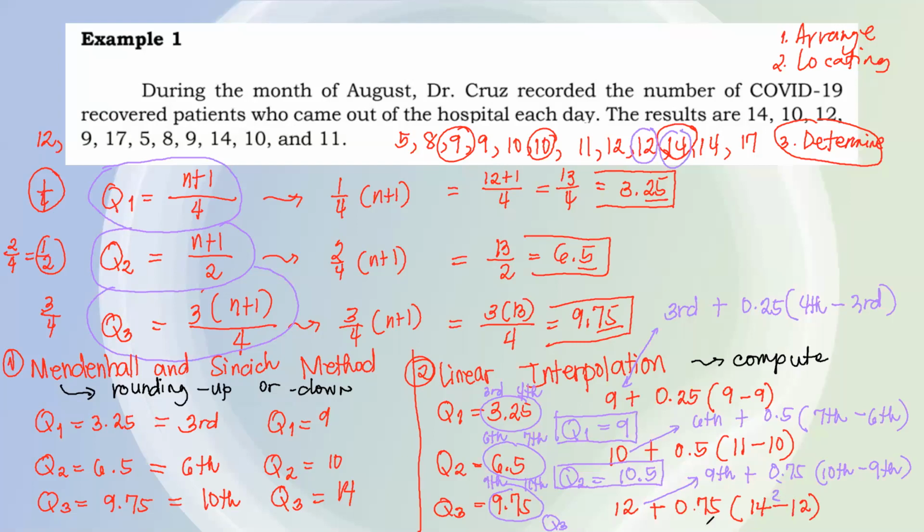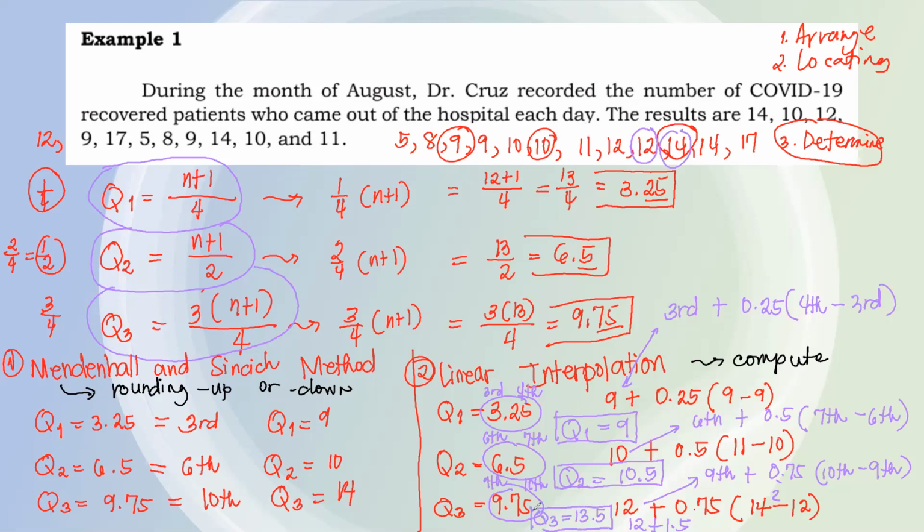What is 2 times 0.75? 1.5. So, ibig sabihin, this is 12 plus 1.5. And 12 plus 1.5 is equal to 13.5. Okay. So our Q sub 3 is equal to 13.5.